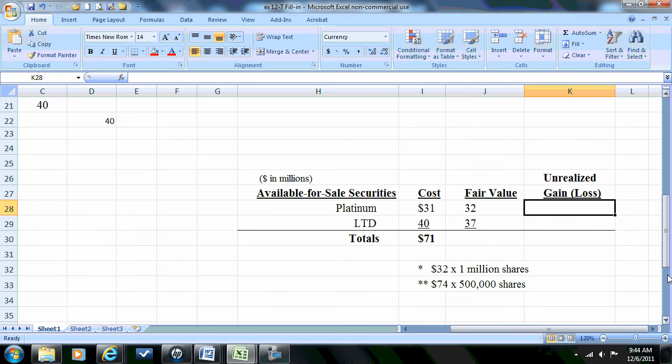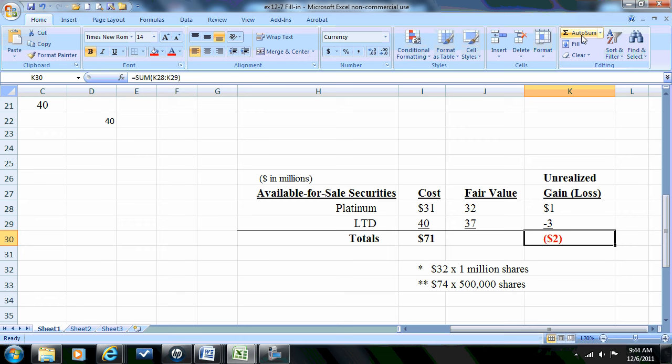For the Platinum, our fair value was 32, the cost was 31, so we have an unrealized gain of 1 million. For LTD, the fair value is 37, the cost was 40, so we have an unrealized loss of 3 million.